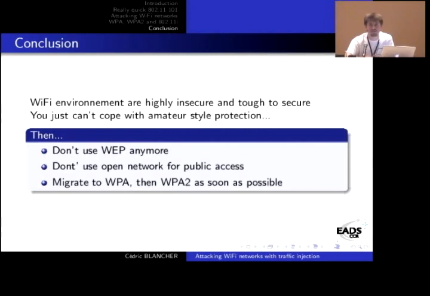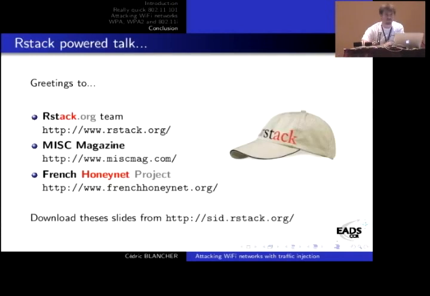For Unix systems, you have wpa_supplicant, especially on Linux, which supports most of the drivers. It works on BSD too, so there's not much reason left to not use WPA, and WPA2 if possible. And that's it.